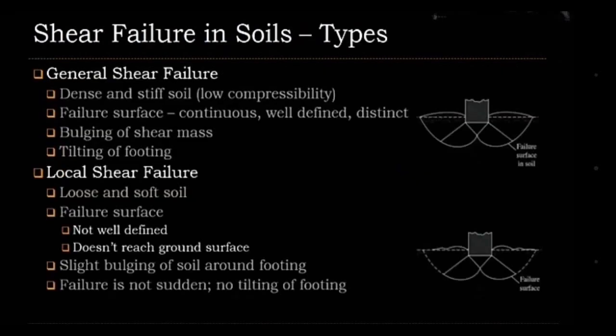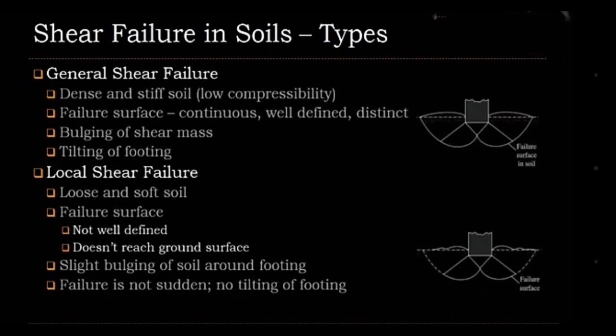After that, we talk about types of shear failure in soil. First is general shear failure. It occurs where dense and stiff soil is present: failure surfaces are continuous, well defined and distinct, with bulging of the side mass and tilting of footing. Second is local shear failure.